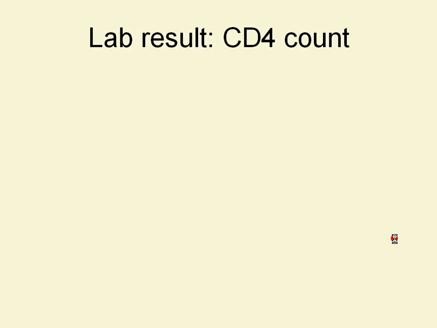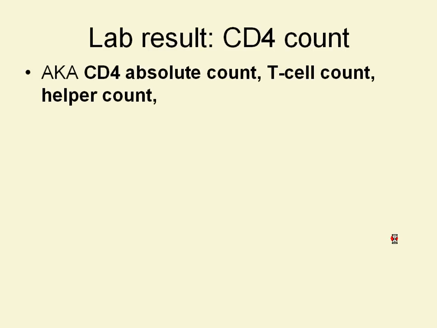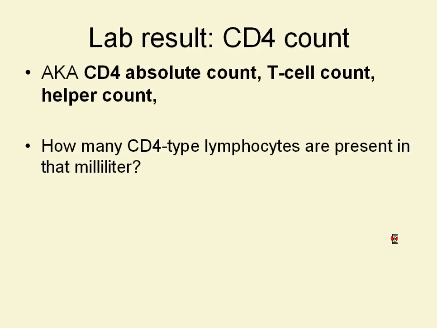So, lab result, CD4 count, also known as CD4 absolute count, T cell count, helper count. The question being, how many CD4 type lymphocytes are present in that milliliter of blood? We draw a tube of blood out, it's about a tablespoon of blood, and this test literally counts all the CD4 types in that.